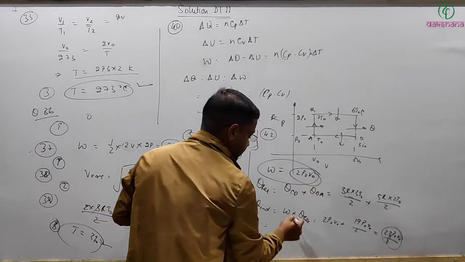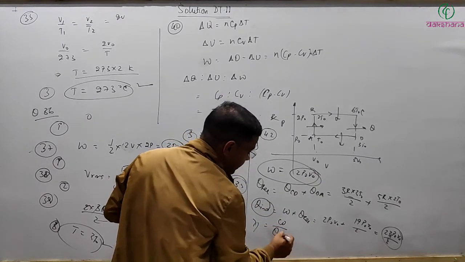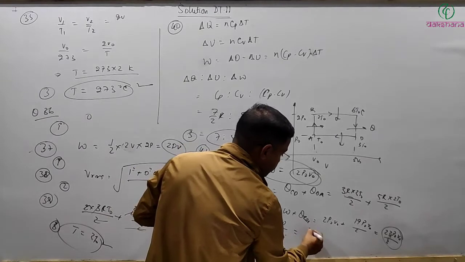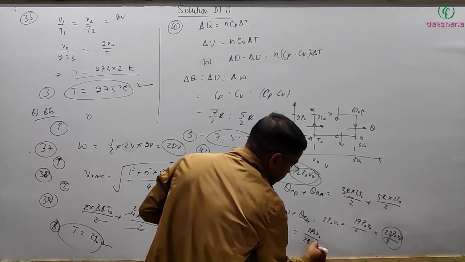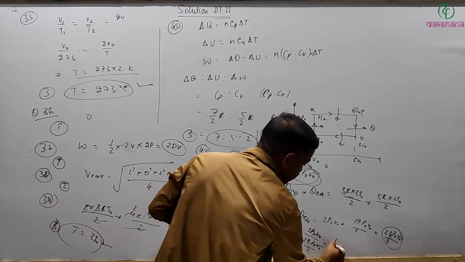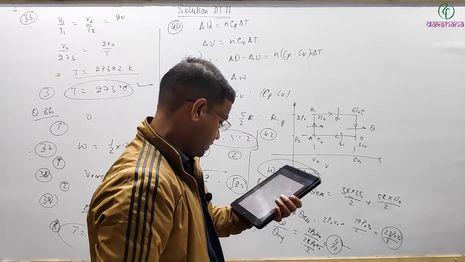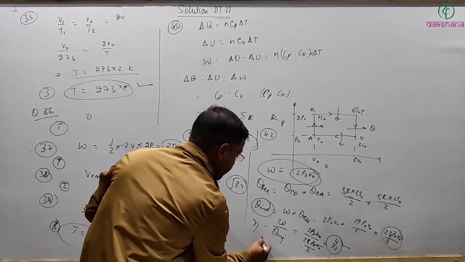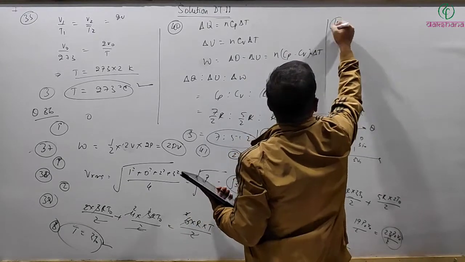W divided by Q added, and that comes out to be 2 P0 V0 divided by 23 P0 V0 divided by 2. This cancel, 4/23 is the answer, matching with option number 1. Next question number, this is 43.